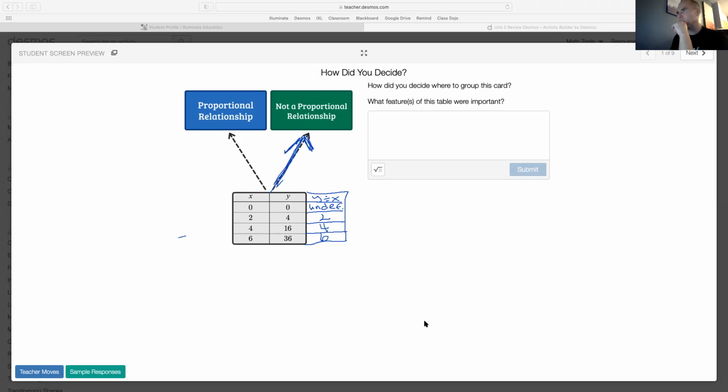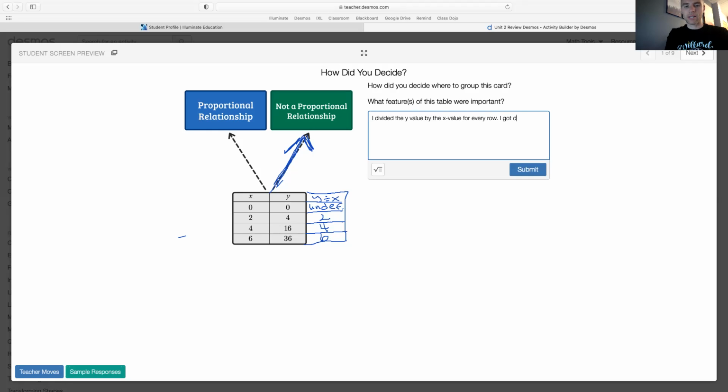And then, to be perfectly honest, I don't really know what the question means when it says what features of this table were important. I would just answer this by describing how I decided. Well, the first part of the question is how did you decide? So I divided the y value by the x value for every row.